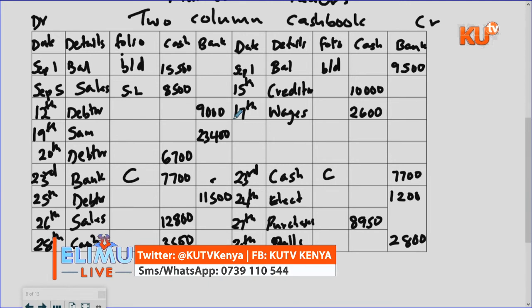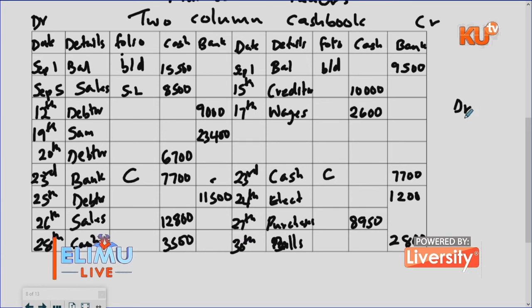That gives a total of our total on the debit side is 54,700. Let's get the total of cash on the credit side.